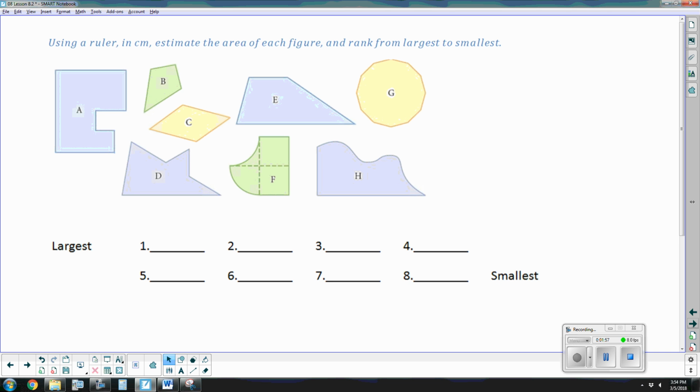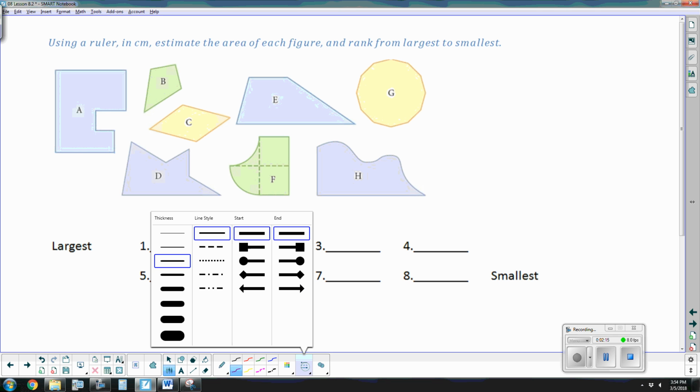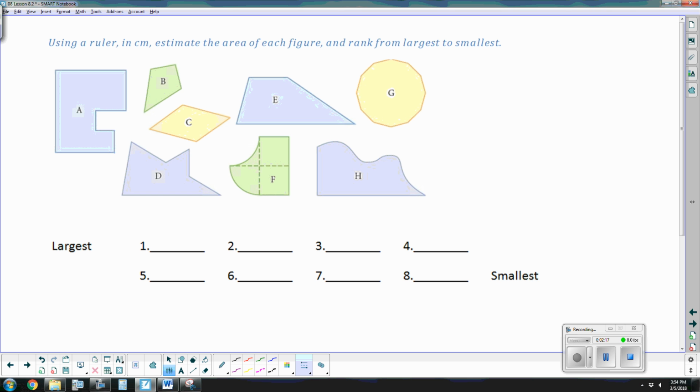And you're going to need a ruler for this, and you're going to measure in centimeters. And we're going to use our ruler and our measurements to estimate the area of each figure. So again, these are not perfect figures. You're going to have to split these up. And so, as an example, looking at the first one, you don't have a formula for this odd shape figure.